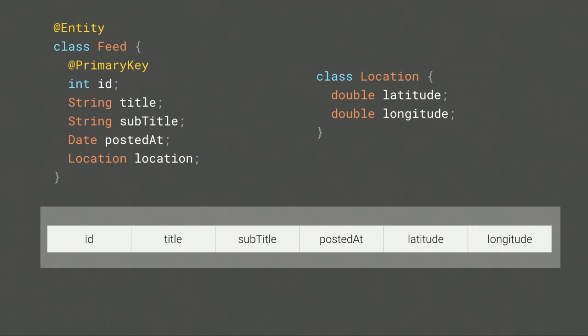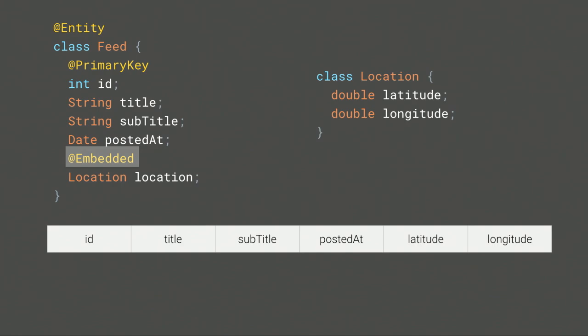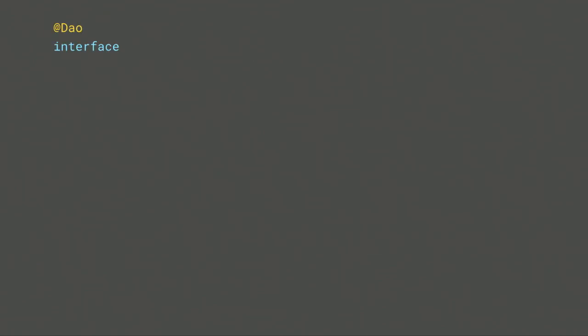So essentially, the latitude and longitude fields from the location are flattened into the same table. And the way you do it is with this embedded annotation. At compile time and at runtime, Room is going to figure out how to flatten your entire hierarchy into this one table.